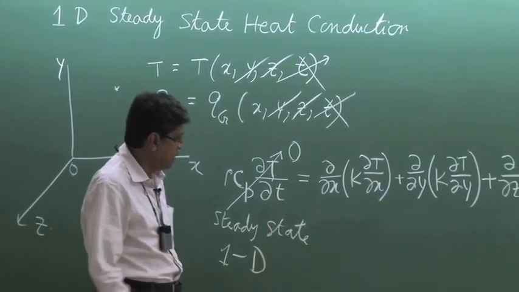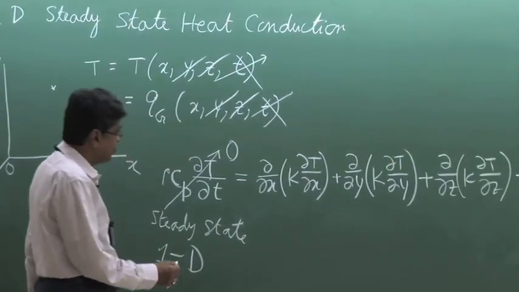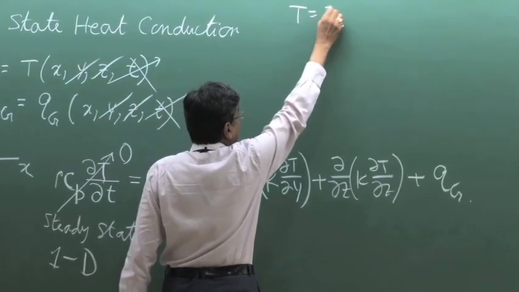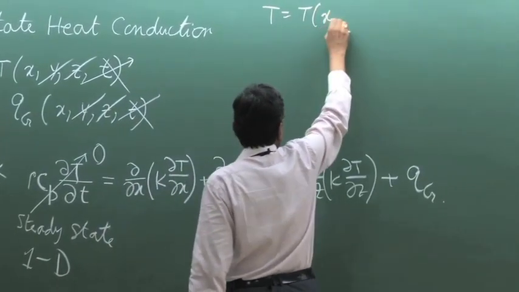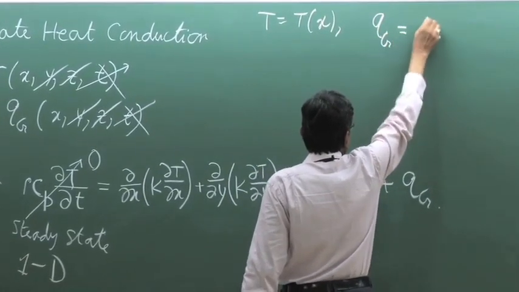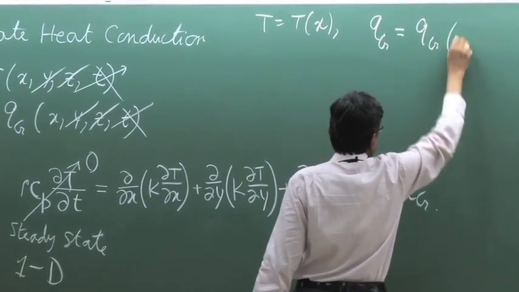In that case, we can write this equation with this nomenclature. T is a function of x and Qg is a function of x.